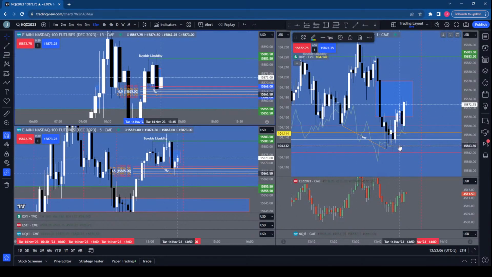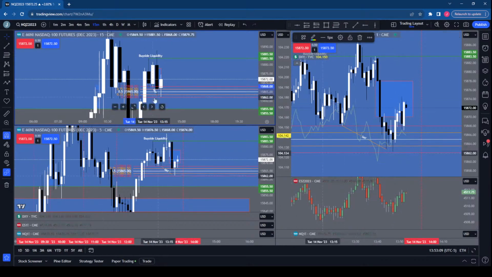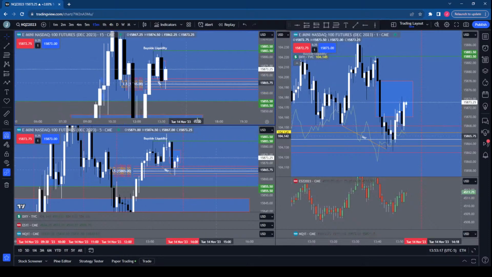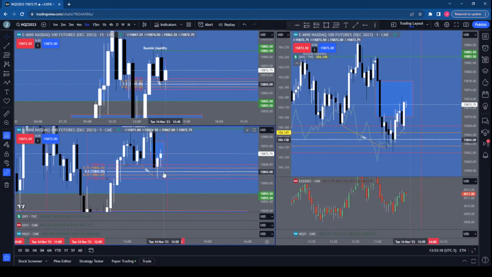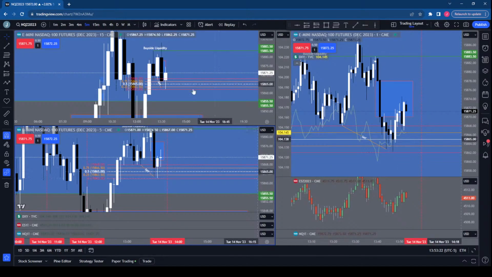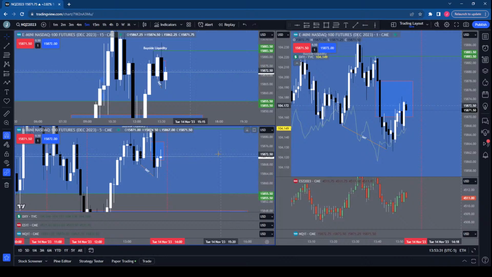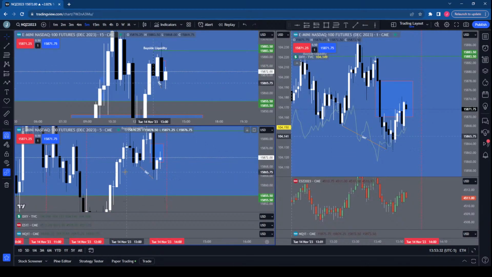As you can see, look at the bodies of these candles. They are hovering right on the consequent encroachment of this 15-minute. You can see on the 5-minute, the bodies can't even close within the middle portion.